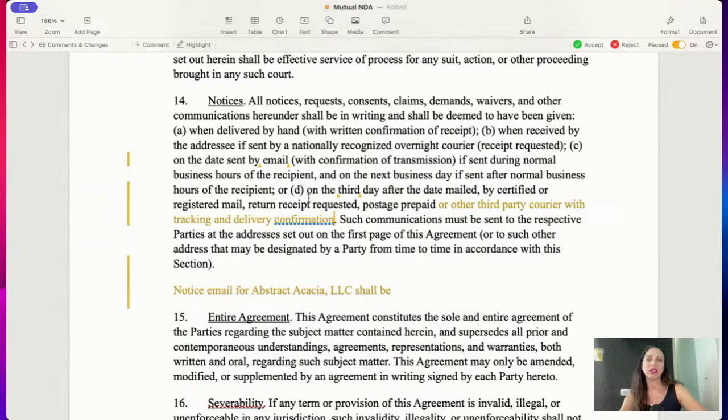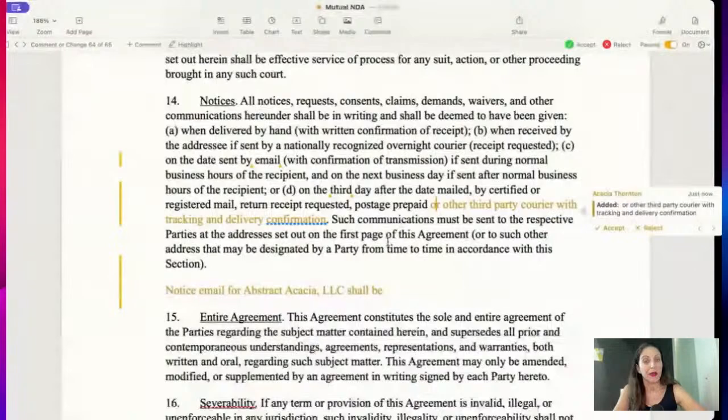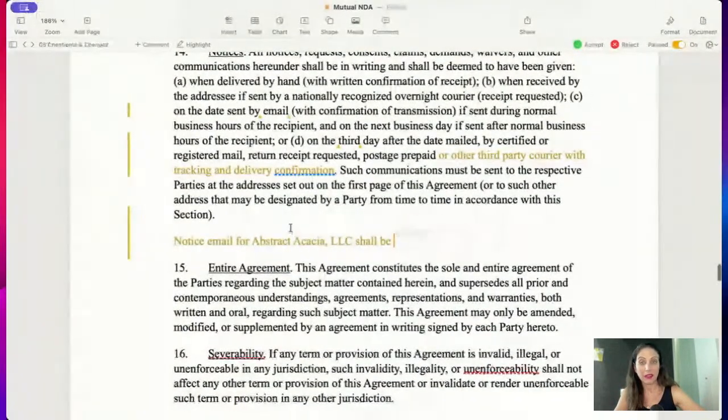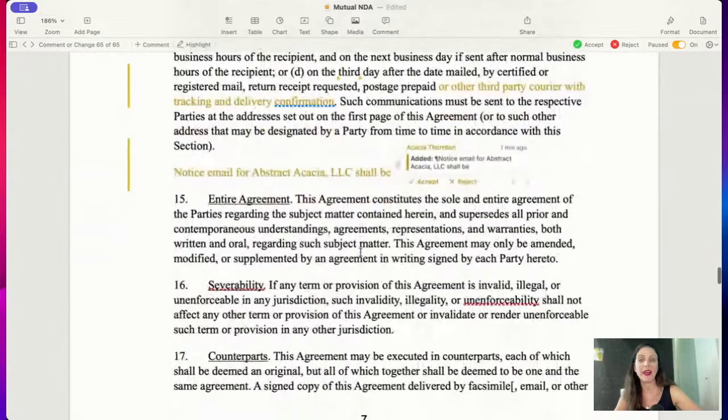That way I could use like a UPS or FedEx or an overnight courier instead of it having to be, because certified mail, registered mail, return receipt mail, postage prepaid, those are all things with the USPS. Such information must be sent to the respective parties designated, right? So it says that there has to be to the address at the top of the first page, but for email addresses, I'll add that.